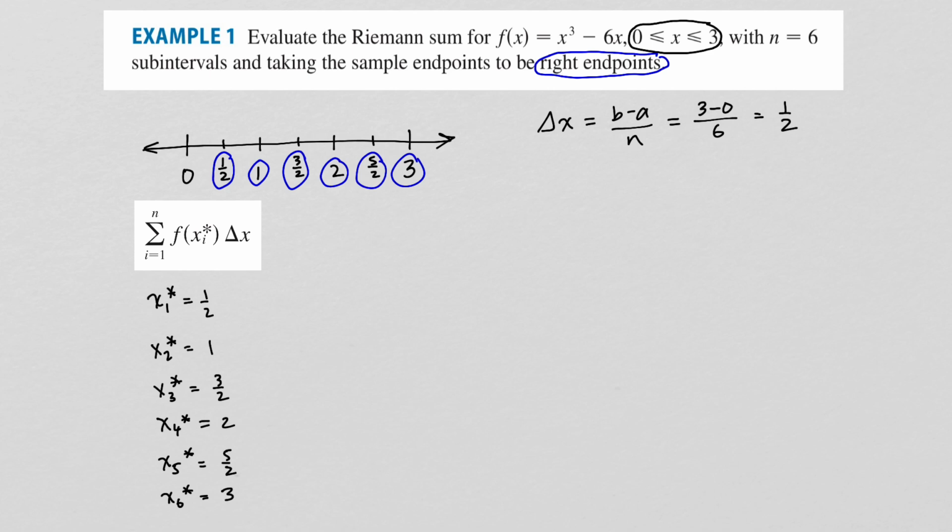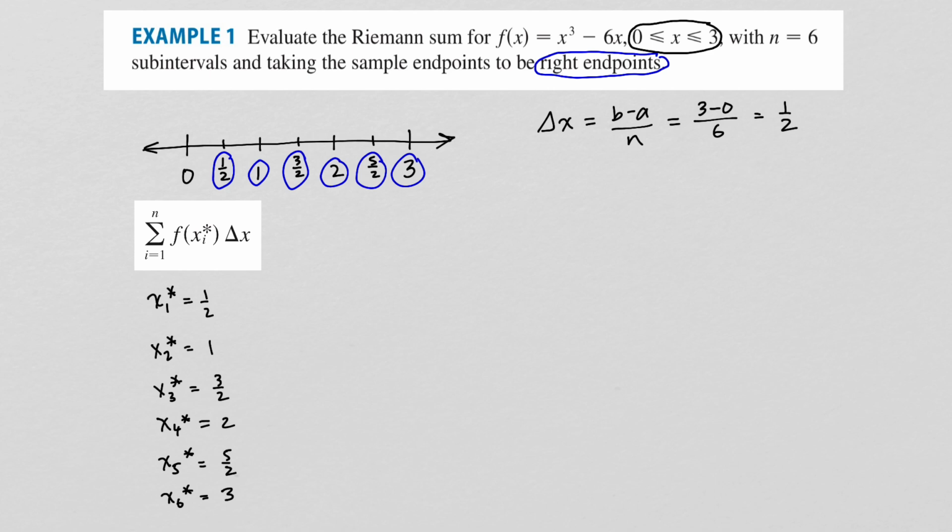So again, that is just these 6 numbers, and I'm assigning a subscript to each one. For example, x4 star equals 2. That is because 2 is the right endpoint of the 1, 2, 3, 4th rectangle. Now, I know you don't see any rectangles here, but you have to imagine if you had a function here, you would have rectangles drawn up to that function, like you've seen in previous examples.